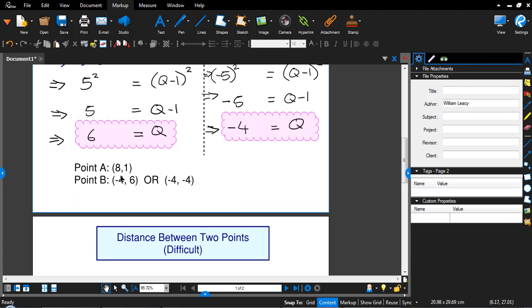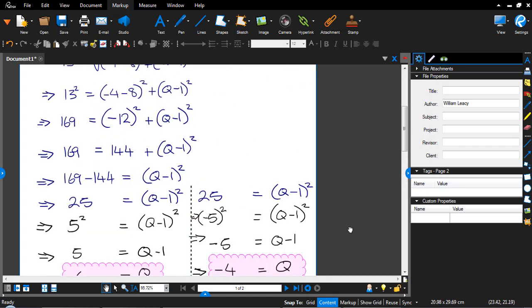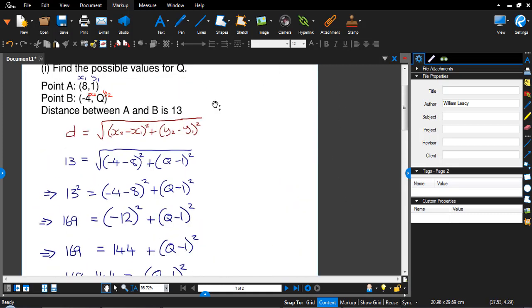The distance between 8 and negative 4 is 12. Squared that is 144. The difference between 1 and 6 is 5. Squared that is 25. 144 plus 25 is 169. The square root of 169 is 13.